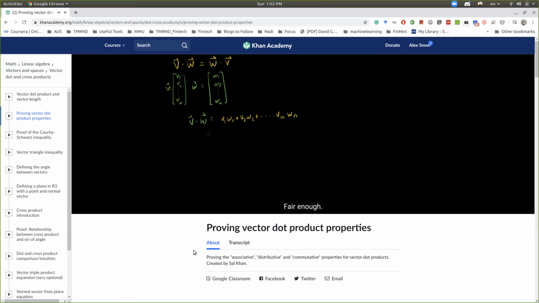Now what does w dot v equal? When I made the definition, you just multiply the products, but I'll do it in the order given. So it equals w1 v1 plus w2 v2, all the way to wn vn. These are clearly equal, if you match up the first term with the first term. v1 w1 is equal to w1 v1, and I can say this now because we're just dealing with regular numbers.